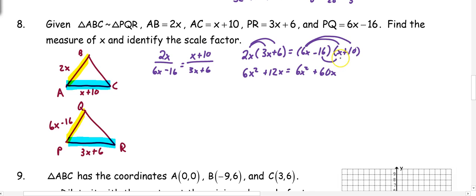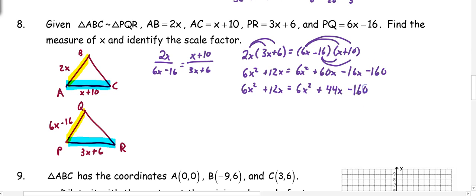Negative 16 times x is negative 16x. And negative 16 times 10 is negative 160. So when I combine like terms, I get 6x squared plus 12x equals 6x squared plus 44x minus 160.